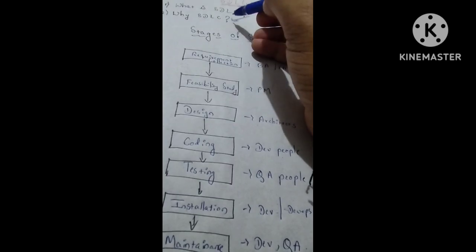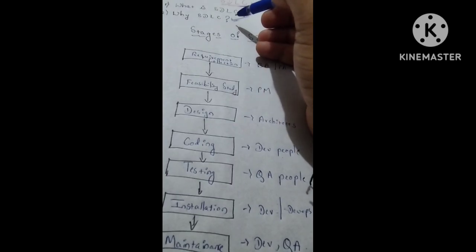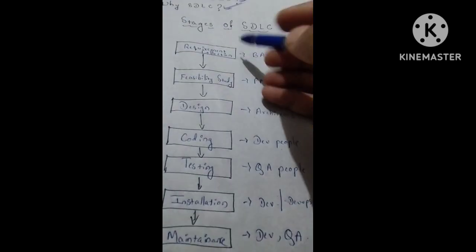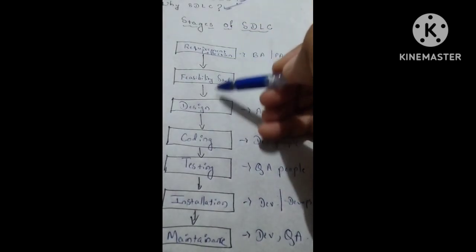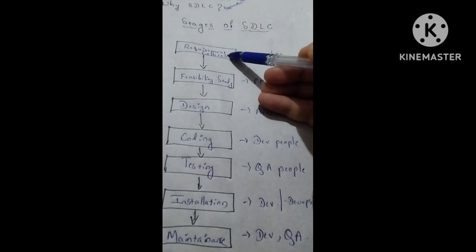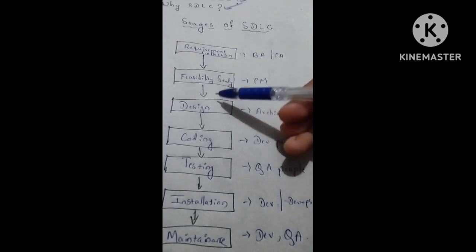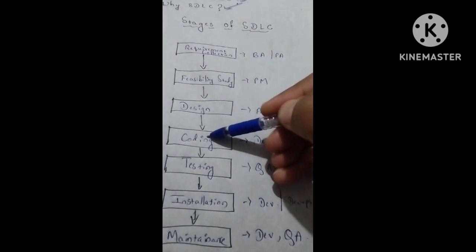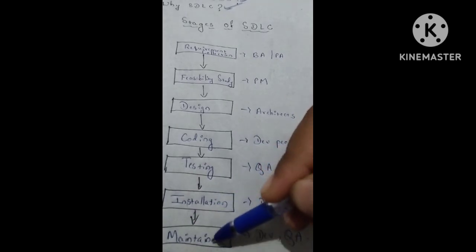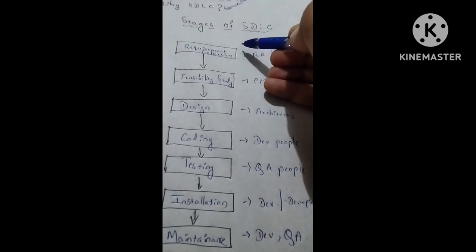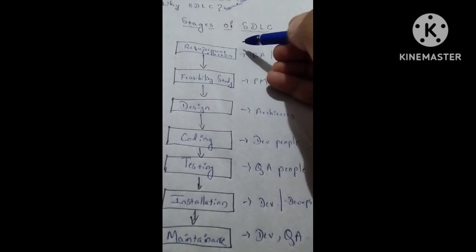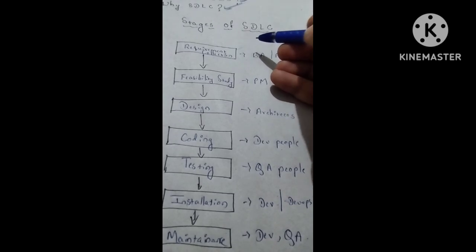So let's see the different stages of SDLC. Here SDLC can be divided into 7 different stages: requirement collection, feasibility study, design, coding, testing, installation and maintenance. So what is requirement collection? Whatever is required for the development of the particular software is gathered from the clients.